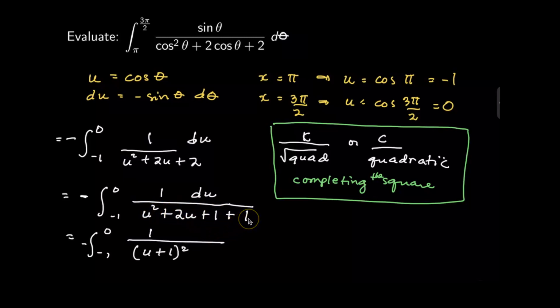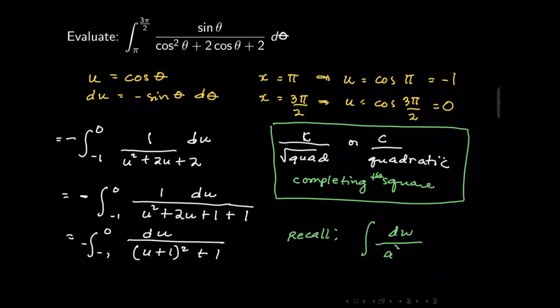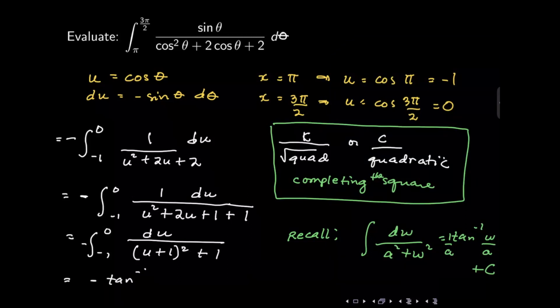And then plus 1. If we have the integral of a squared plus w squared, what is this? This is tangent inverse of w over a times 1 over a, and then again, plus c. And therefore, this is negative. My a is 1. So this is negative tangent inverse of u plus 1 from -1 to 0.